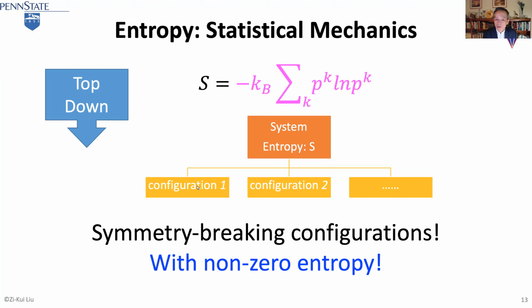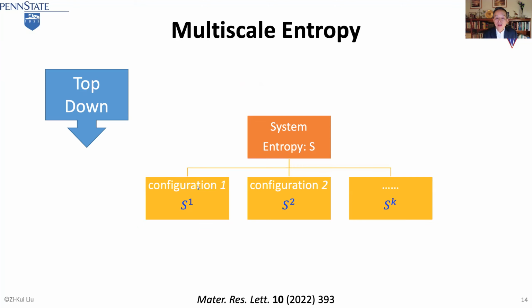However, as we said before, the entropy of these configurations is not zero. What does that mean? That means each configuration has its own entropy. Now, if we want to calculate the total entropy of the system, we have to add the entropy of each configuration, which is a weighted sum: the probability of that configuration times the entropy of that configuration.